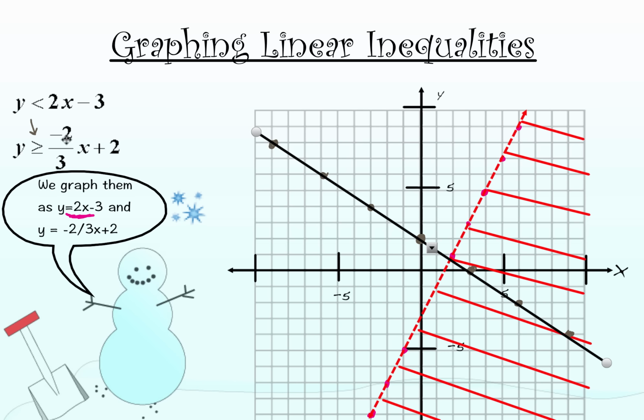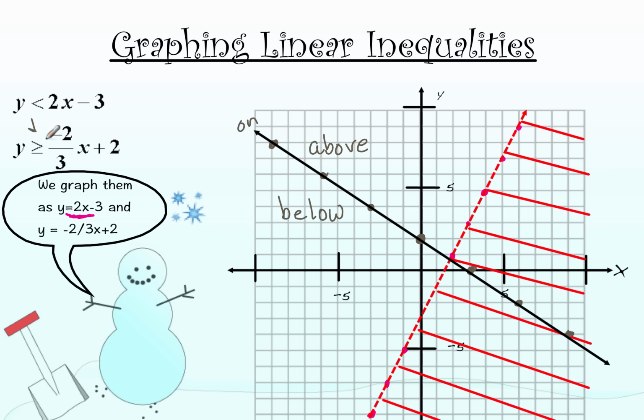And now I want to shade. Because it is an inequality, I'm going to have to shade. Remember, this line divides the graph into three sections. I can be above the line, I can be below the line, or I could be on the line.